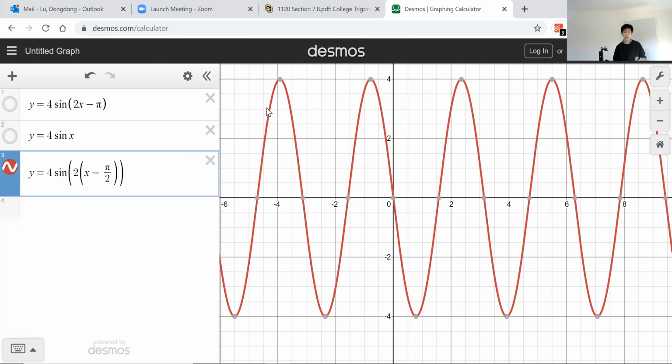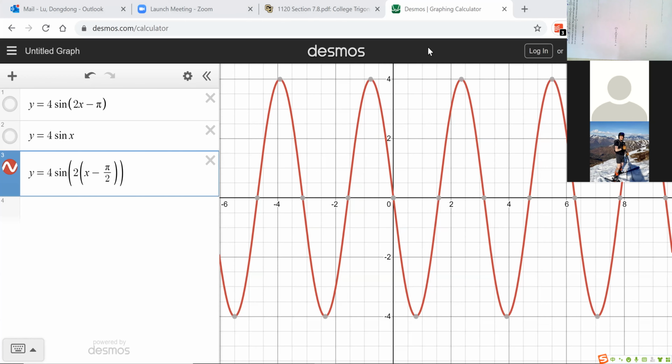I'm going to write the effect of every change step by step on the paper. Switching to my document camera.